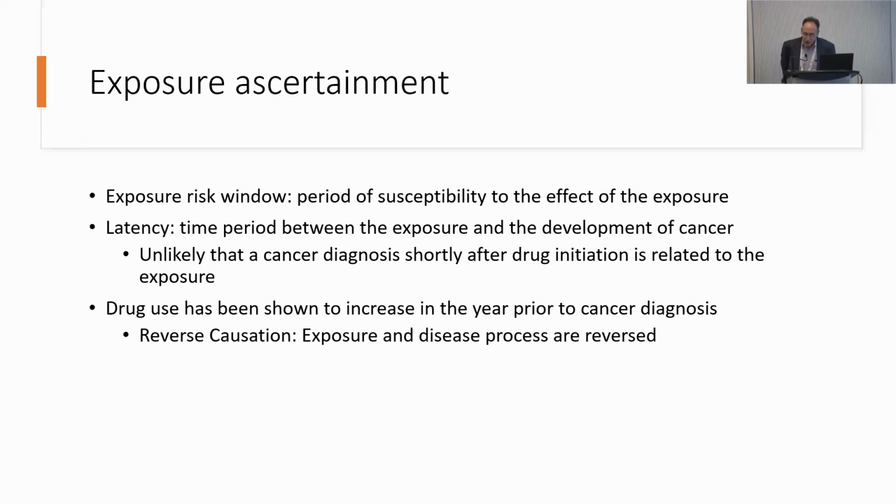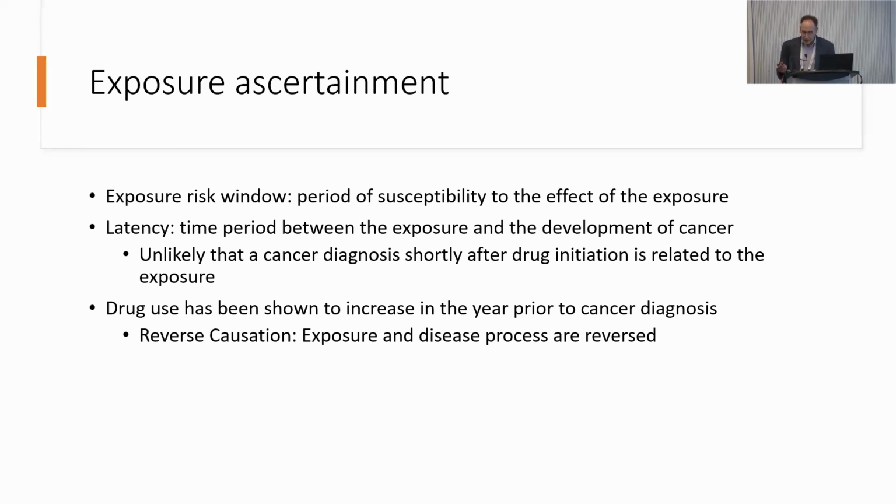And finally, drug use has been shown to increase in the year prior to a cancer diagnosis, most likely to address the symptoms of the underlying cancer. A really good example is of a middle-aged man who comes in for obstructive urinary symptoms and is prescribed a drug to relieve the symptoms. After additional tests, he's diagnosed with prostate cancer.